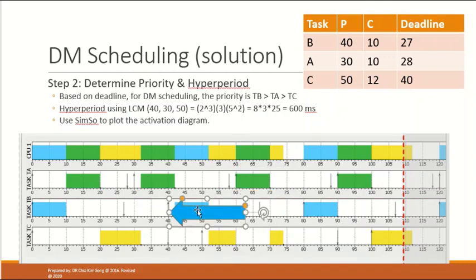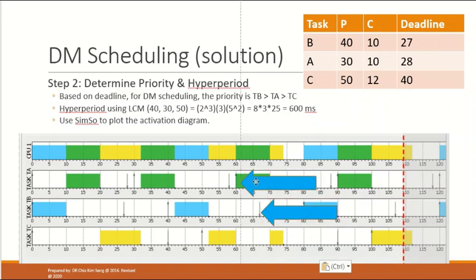So 40 plus the deadline 27, we have 67 as our deadline. That's why this happens. So in this second round, apparently the earlier deadline is task A. That's why task A has been executed.